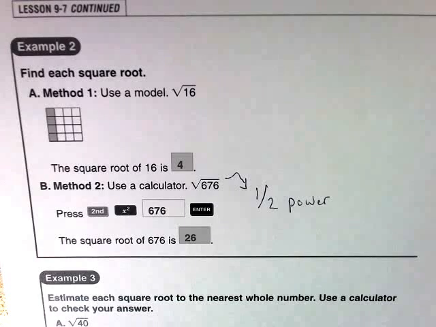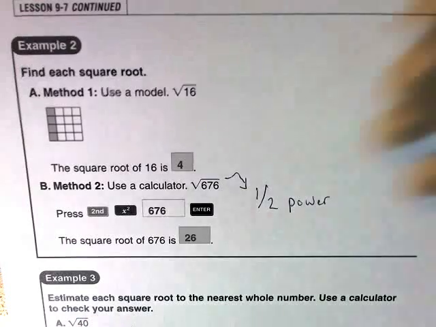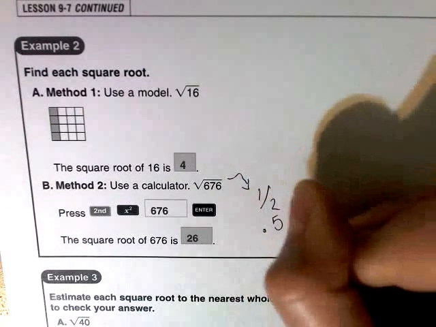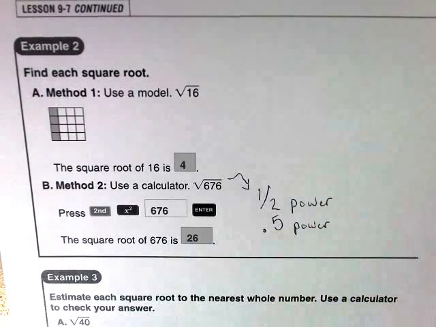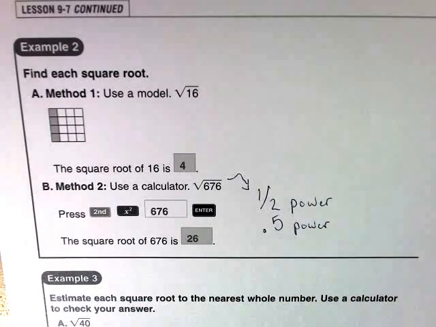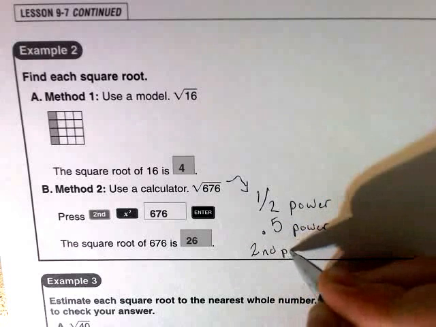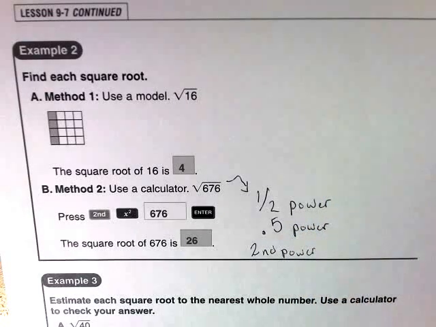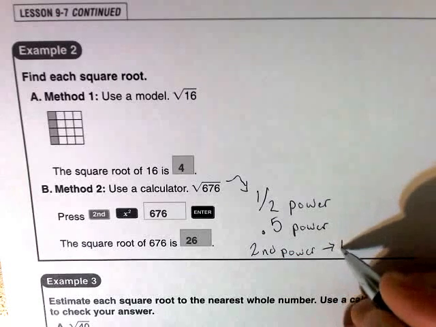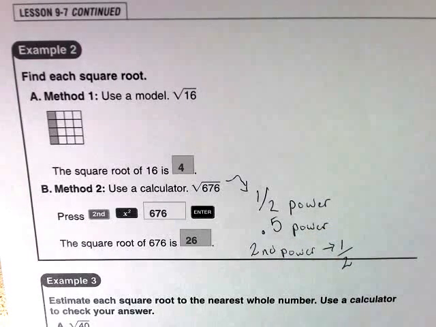And that might come in handy for you if you ever get a calculator that maybe has a power key but doesn't have a square root key. You can use the 1/2 power, or if you want to write it as 0.5 power, to take the square root. It actually makes sense if you think about it, because think about what we've been saying here. We've been saying that squares and square roots are opposites of each other. Well, if a square is to take the second power, the inverse here, well, the inverse of 2 would be 1/2, because when I multiply together 2 and 1/2, the result in terms of multiplication is 1, which is what that property says.